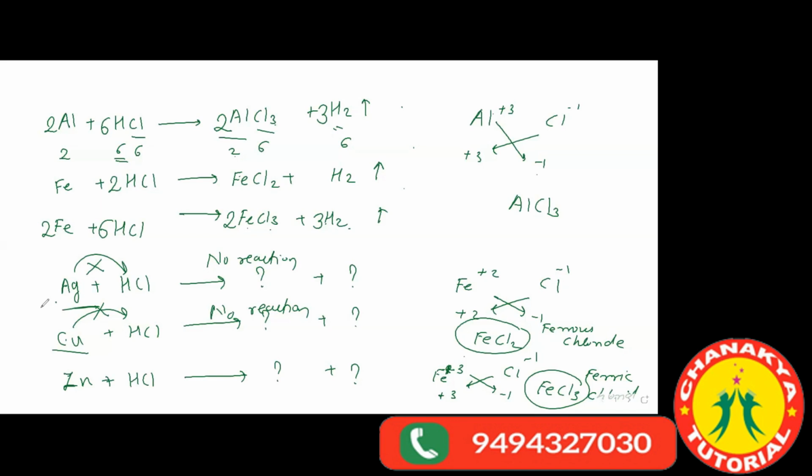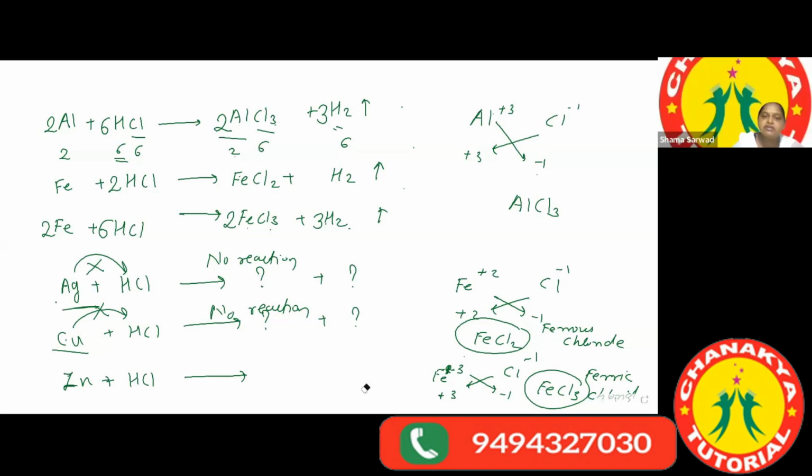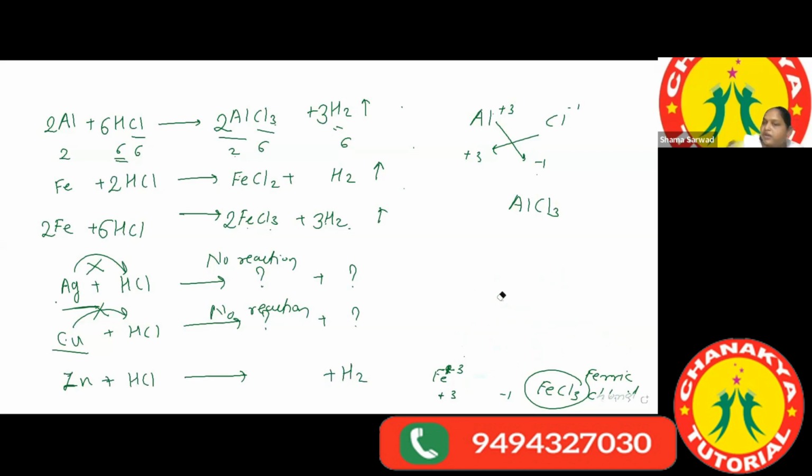And lastly, this reaction, obviously, this can happen, right? One of the products is H2. And what happens when zinc is reacted? Zinc valency is plus 2, right? I hope you have written this. Zn, its valency is plus 2.